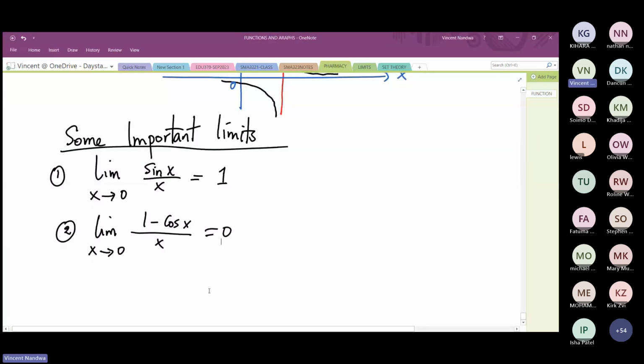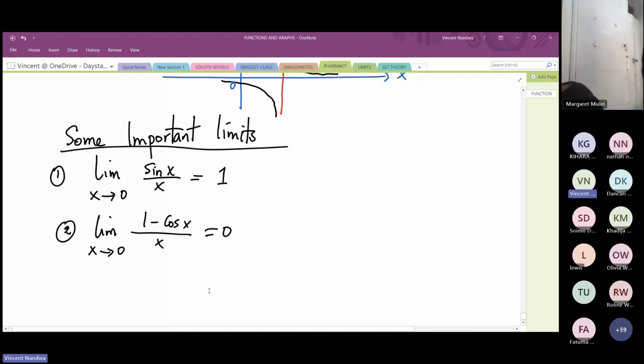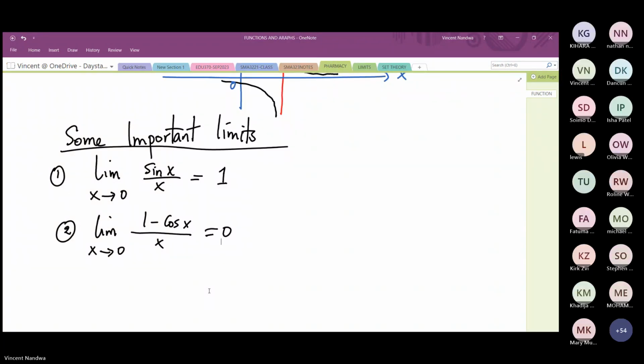Keep in mind those limits. They will help us to solve some problems in future when we'll be doing differentiation.